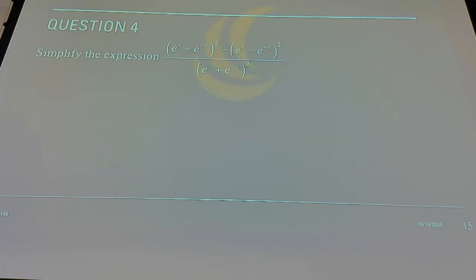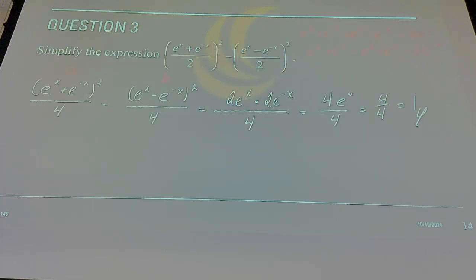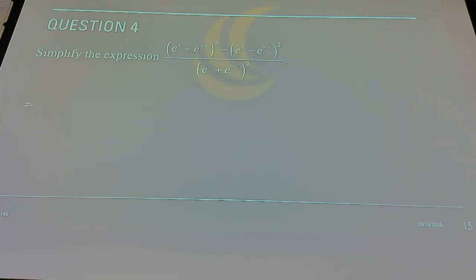Simplify this expression. By the way, we've already simplified the numerator. It's 4. We did that in the previous problem. So I'm going to expand out the denominator.